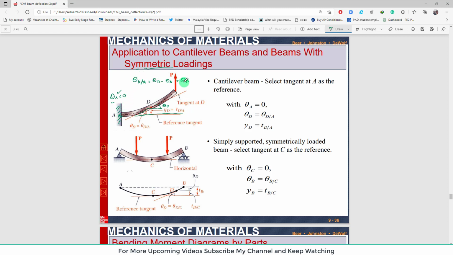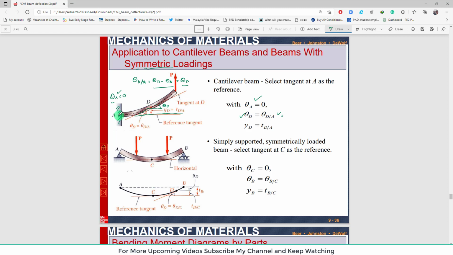So for the cantilever beam, select the tangent at A as the reference line. Theta A here will be equal to 0 and theta D will be equal to theta DA, which is theta D minus theta A, and since theta A is 0, it is equal to theta D.